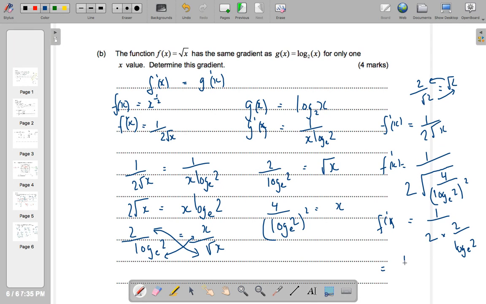That gives me 1 over 4 over log 2 to the base e. Okay, 2 2's are 4 there. Flip it up the other way, because 1 over something, you invert it. So we get log 2 to the base e over 4. And that's the gradient. Pretty involved question. Sorry for those couple of blunders along the way there, but we got there in the end. I hope that helps, and we'll do some more questions coming up soon.